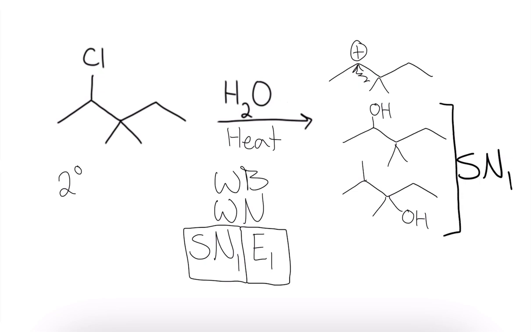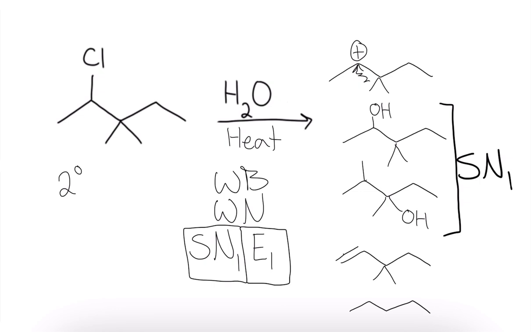And then as for E1, we're gonna get something very similar. When we have our carbocation here, there's 4 carbons here, so it can eliminate just like this in the Hoffman position, or it could undergo a rearrangement.